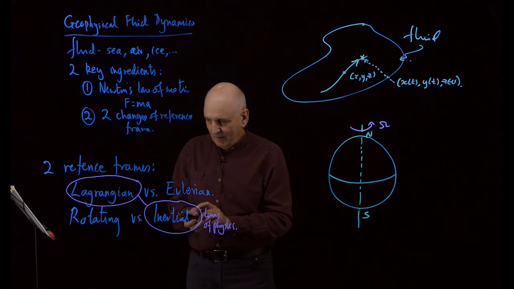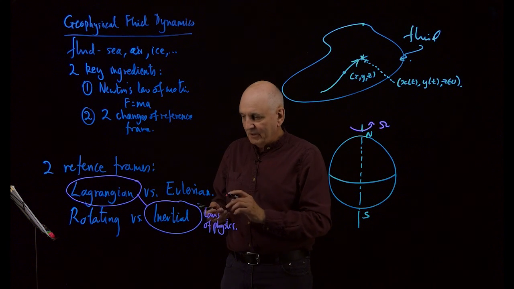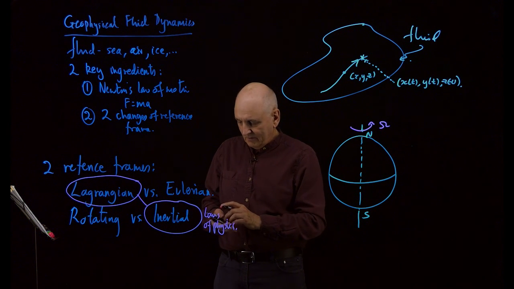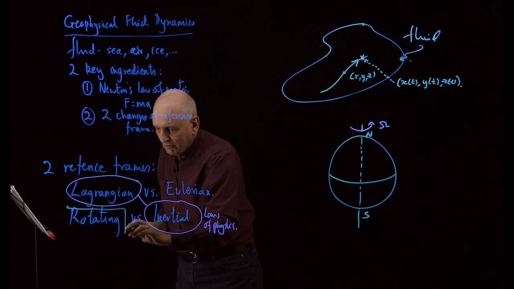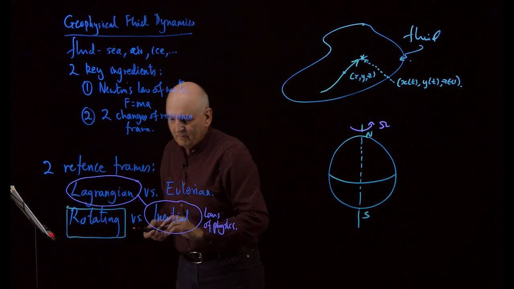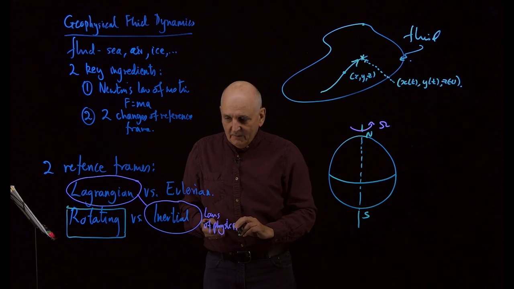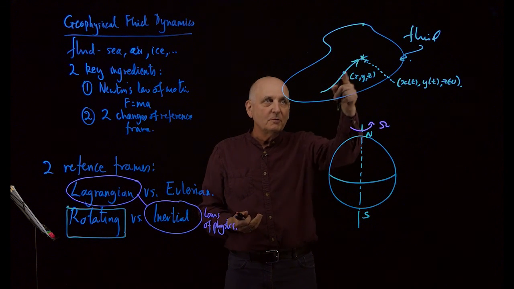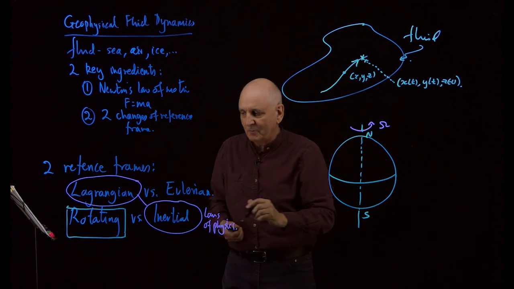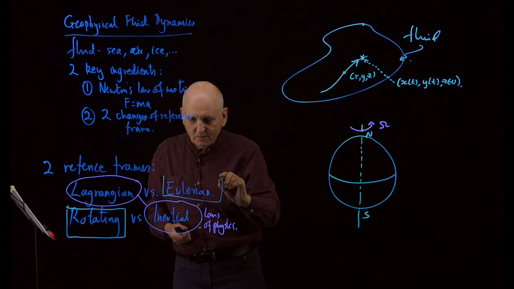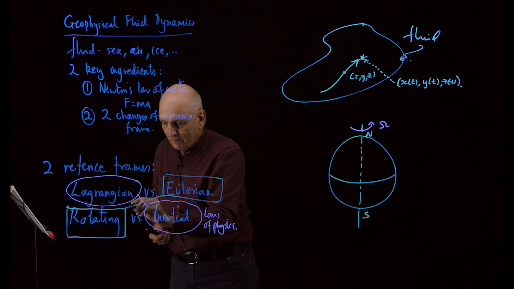Well, if you think about that, we are actually moving with the Earth, so that means that we are in the rotating frame. But we're not moving with the fluid particles. We're watching the fluids go by, so that means that we should be in the Eulerian frame.